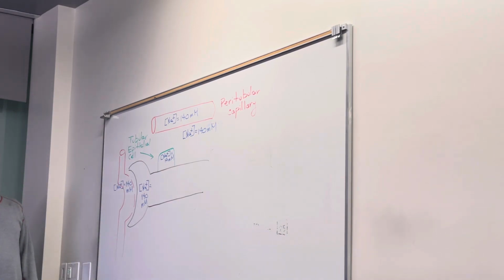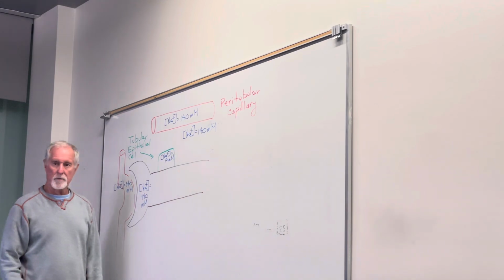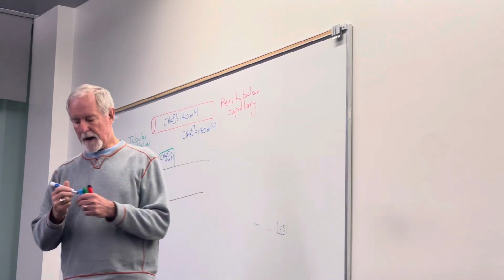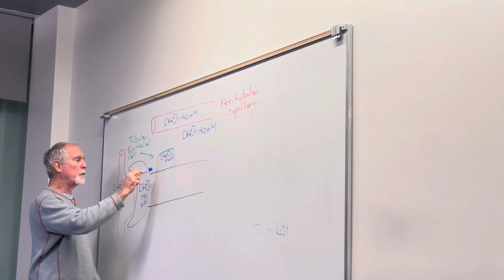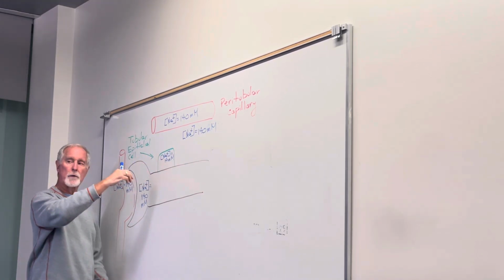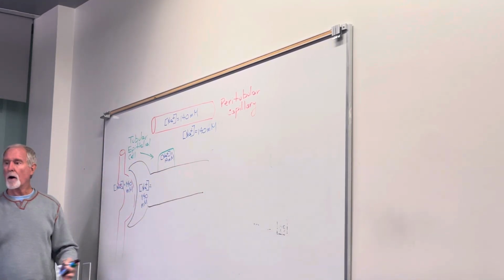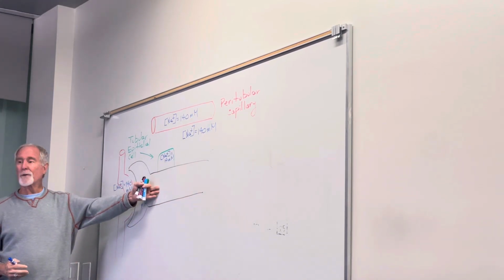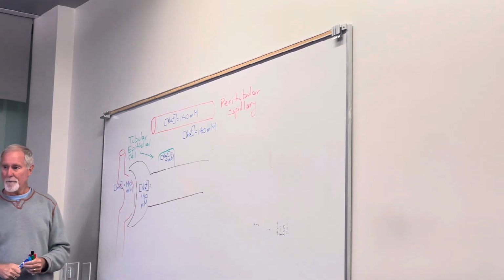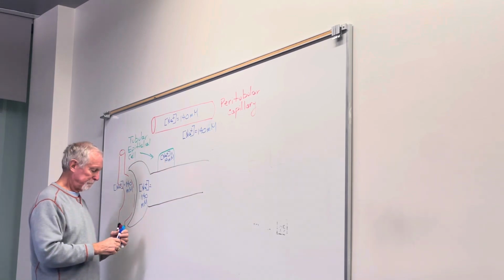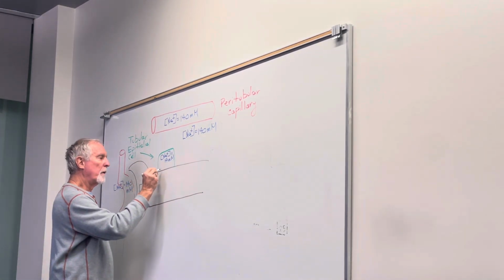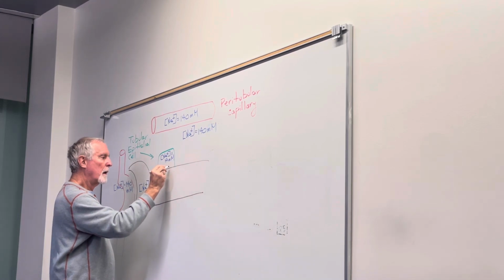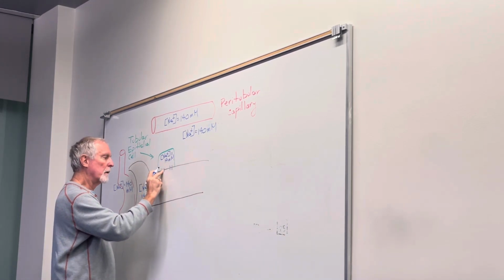So remember, our simple mantra is the reabsorption of everything is linked to the reabsorption of sodium. And as it turns out, we've got these tubular epithelial cells that make up the structure of the proximal tubule. Within their membrane, they have sodium ion channels.